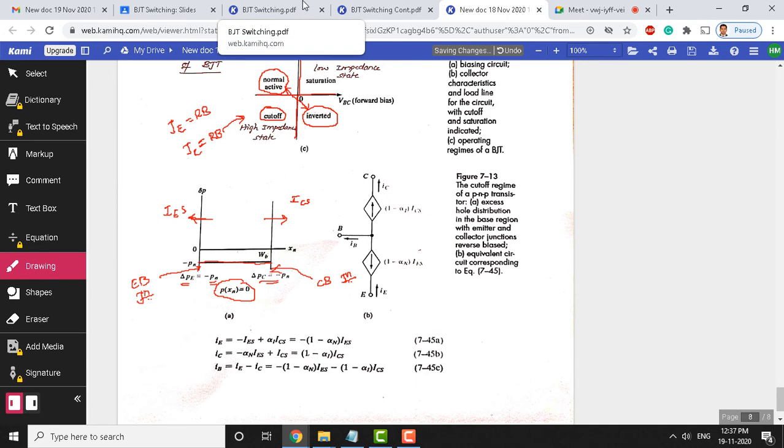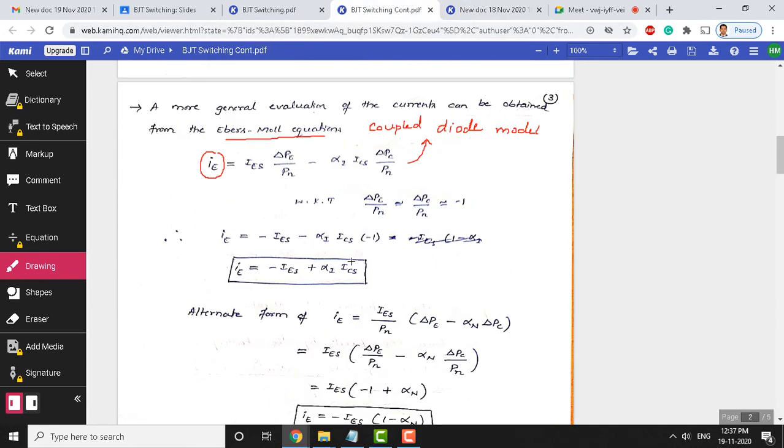Now let us find equations for this in terms of the total current. For that I am looking at these equations. This is the equation taken from the coupled diode model, and we have shown that in the cutoff region delta P_E by Pn is approximately equal to delta P_C by Pn, that is equal to minus 1.